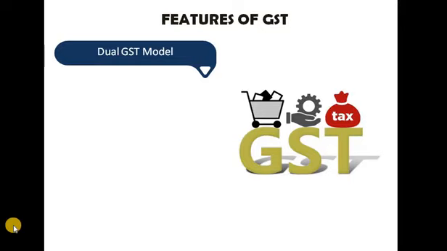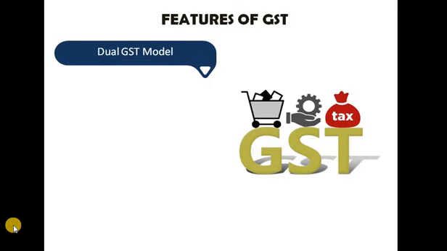In our country, the dual model is implemented under the GST Act. GST is implemented with a dual GST model where taxes will be levied by both the central and state governments, that is CGST and SGST. Adopting the model depends upon the country's decision. We have different models.